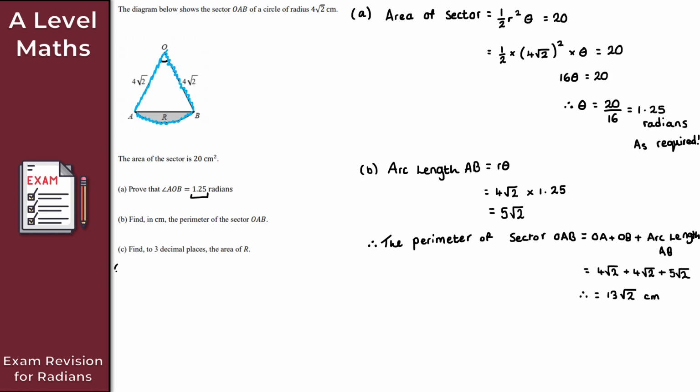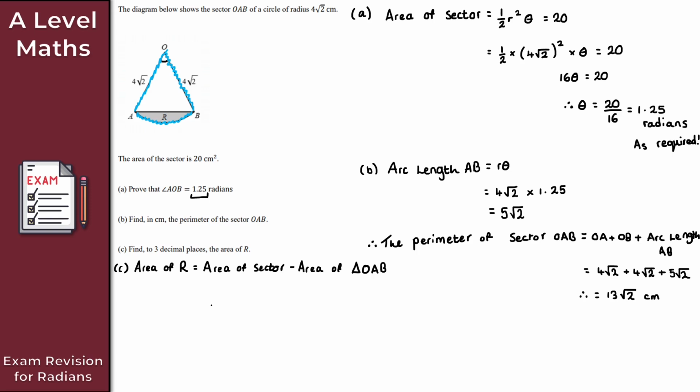For the area of R, that's given as the area of the sector OAB minus the area of this triangle OAB.